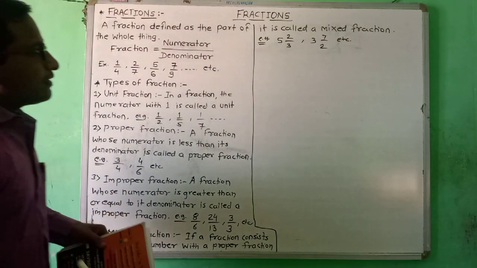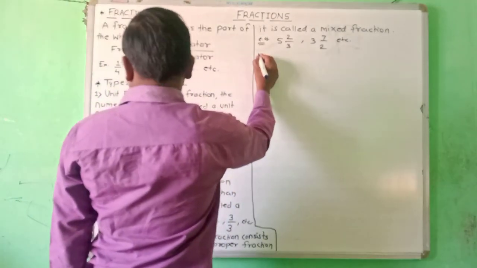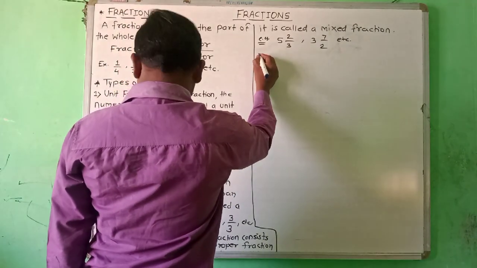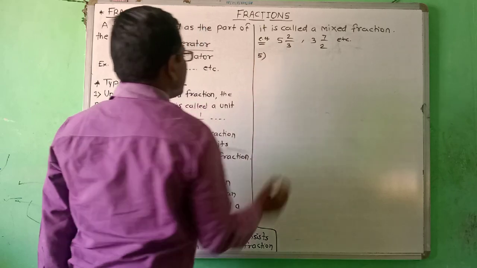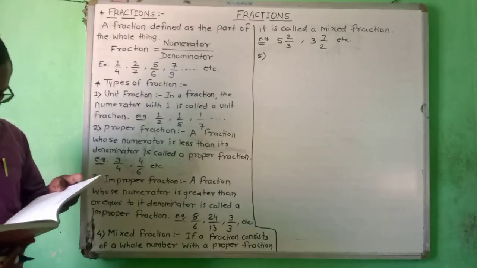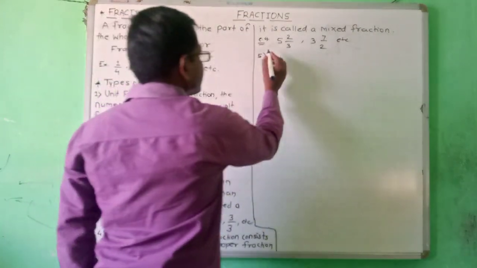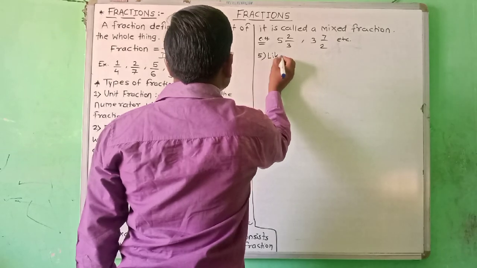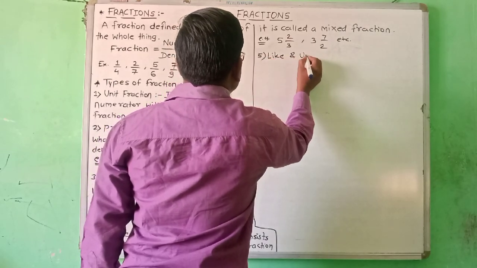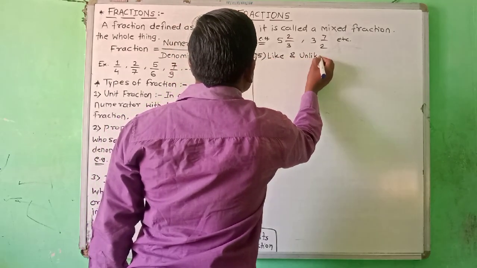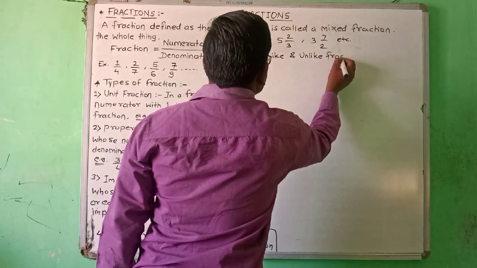Then we see like and unlike fraction. Next, fifth one. Like and unlike fraction.